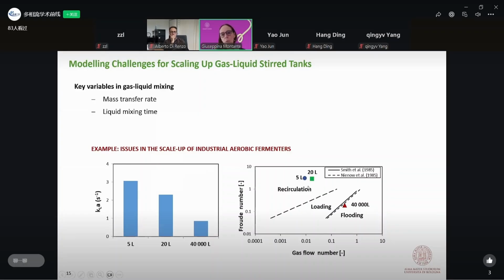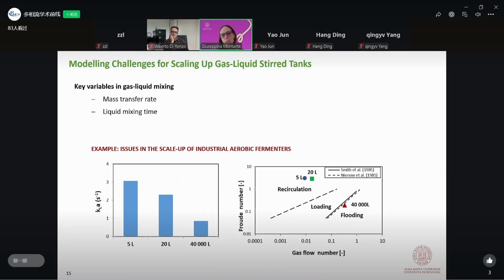If we look at the classical flow map for a stirred fermenter, we see that moving from small to large scale, the gas-liquid flow regime moved from recirculation to flooding. And of course, when the impeller is flooded, the bubbles are not well distributed in the vessel volume, and the KLA drops dramatically.